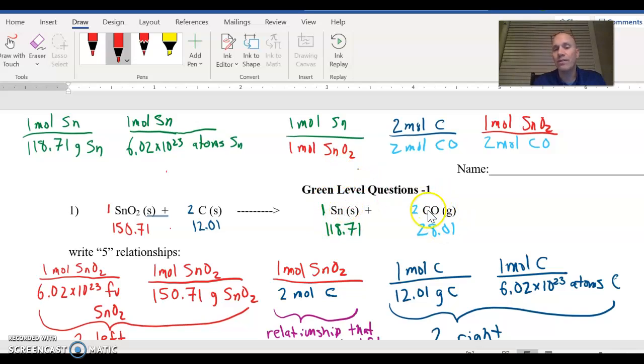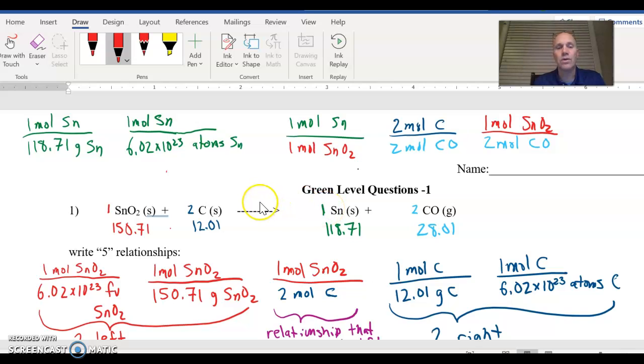We could do the same thing for carbon monoxide. I just haven't written those here. The glue relationships: notice we've got a balanced reaction right here. I could relate this particular chemical to this particular chemical just by saying for every one of these, I should be able to make one of these.